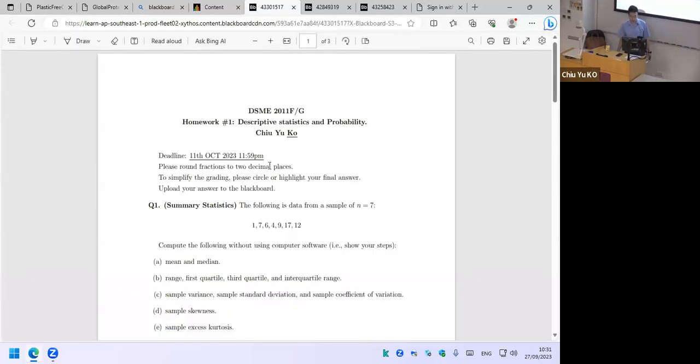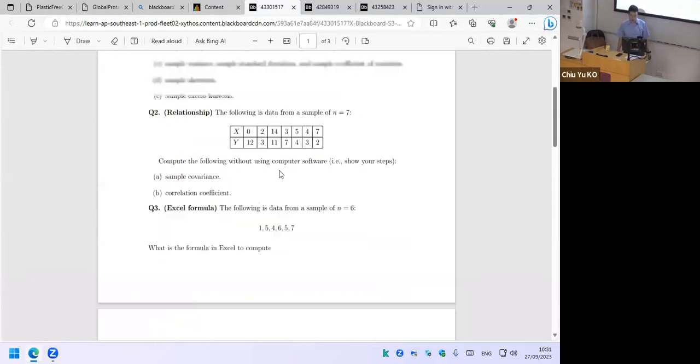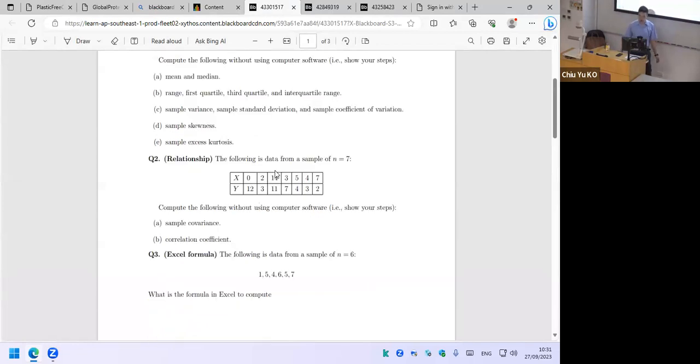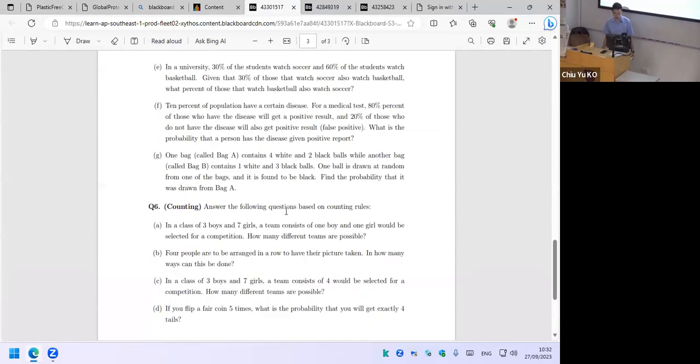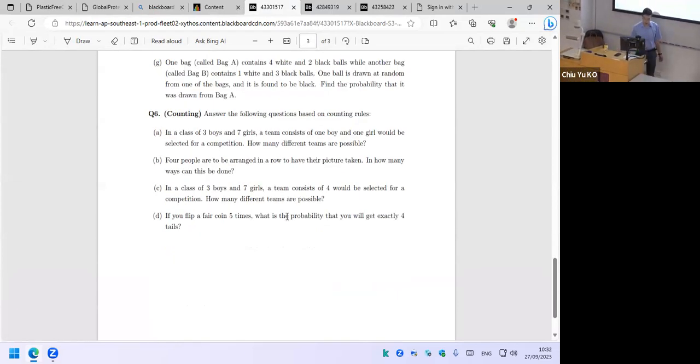Note that it's a combination of topic 1 and topic 2. You can do everything except question 6, which we'll cover today. It shouldn't be difficult. If you know what we have been doing, it shouldn't take more than an hour to finish the whole assignment from beginning to end.